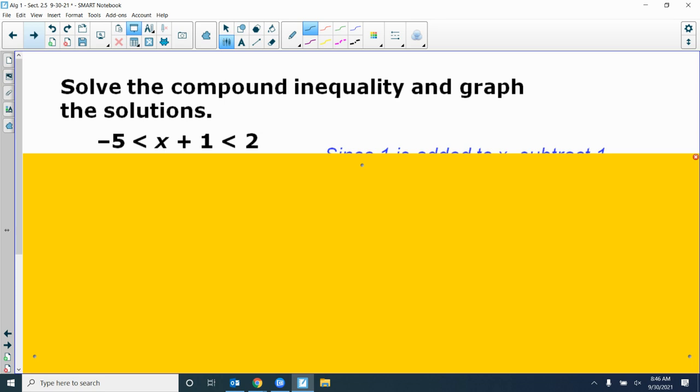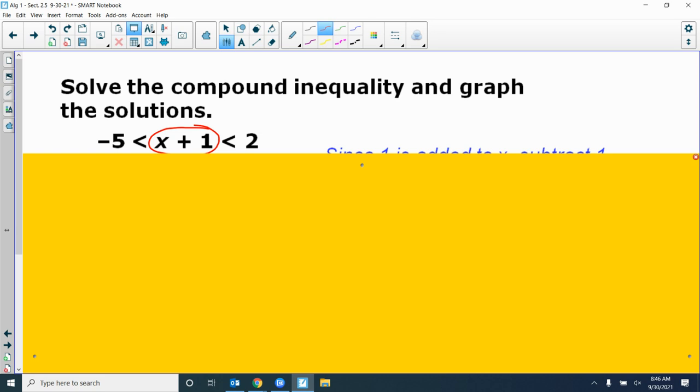It looks totally different. What we want to do is get x by itself in the middle. What's in the way? Plus 1, right? Well, if there's a plus 1, how would we always get rid of a plus 1 in the past? Subtract it.